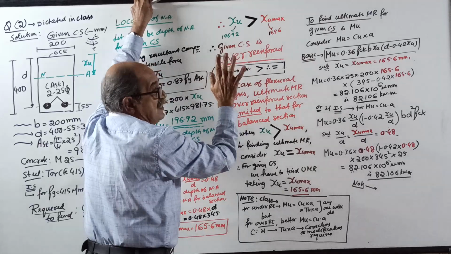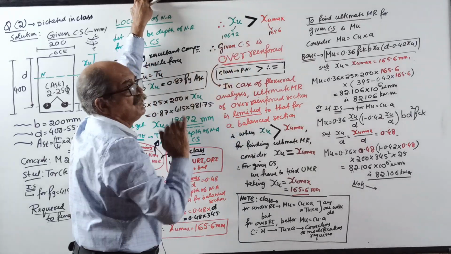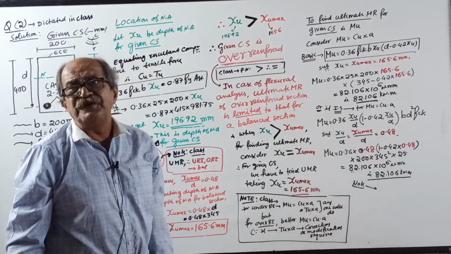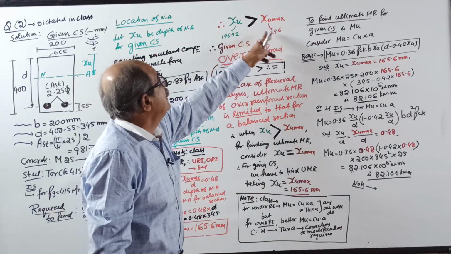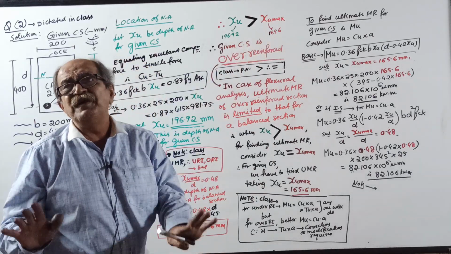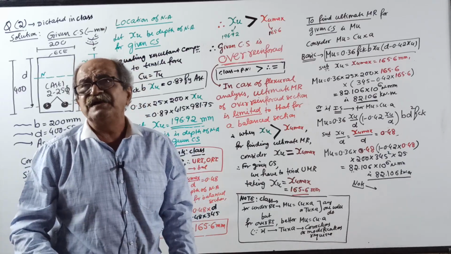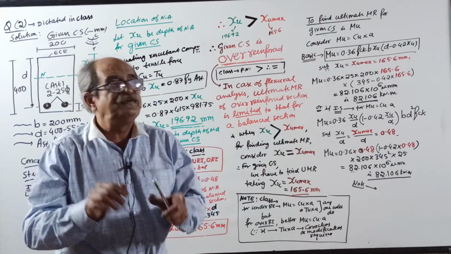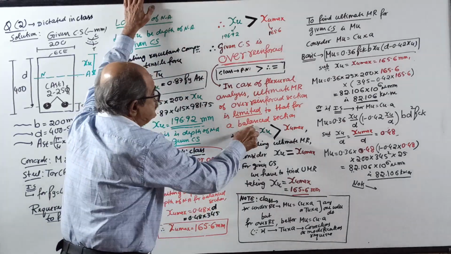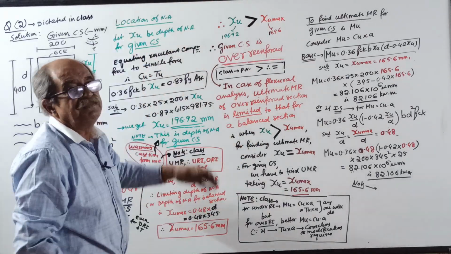Okay, do one thing. In case of over reinforced section, if you understand the principle, you have to cancel this one, take equal, if you are solving a problem. But if you are writing an examination where marks are considered for steps, this statement always you have to write. I told last time.